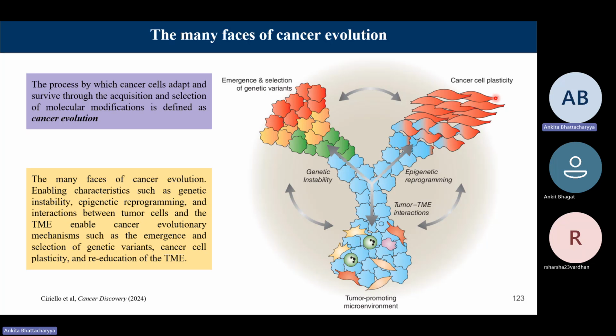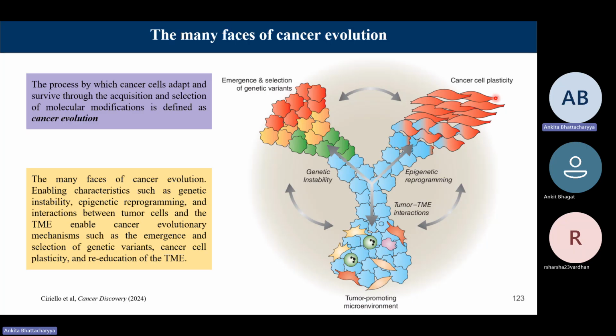Plasticity means that they can transform from one lineage or subtype into another subtype, and you can obviously find some intermediate stages as well. So this is another way in which cancer evolves, with all of these distinct transitional steps.